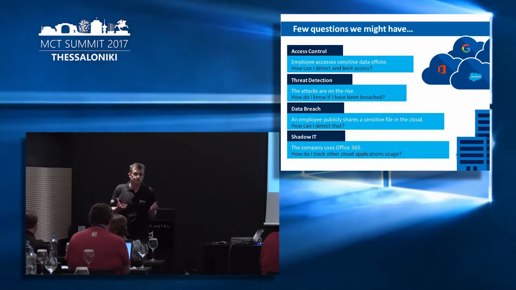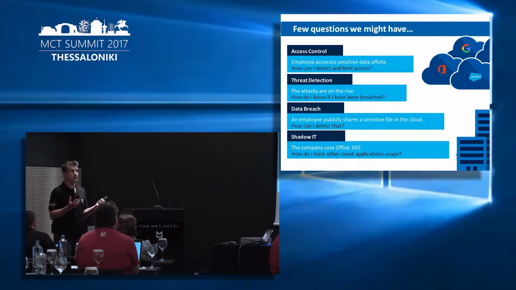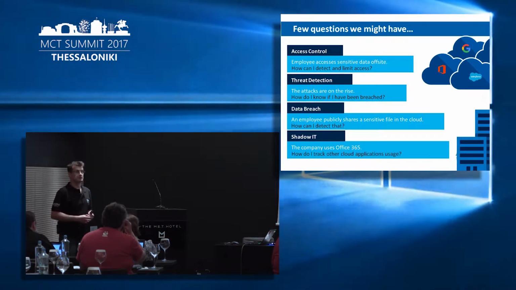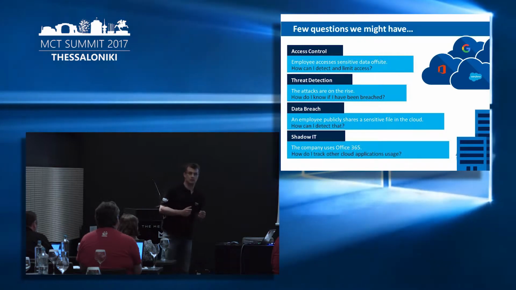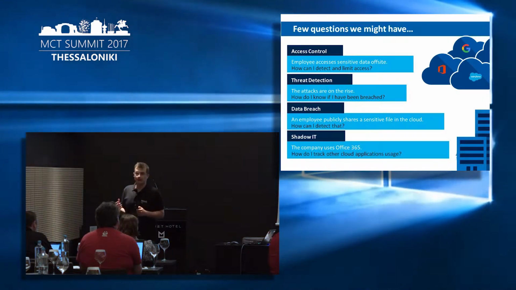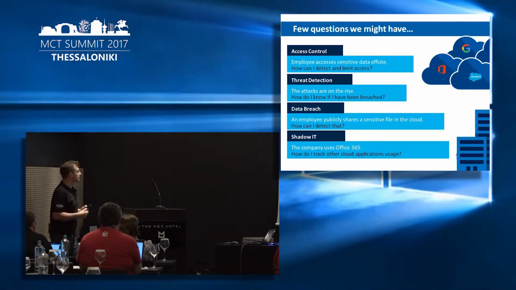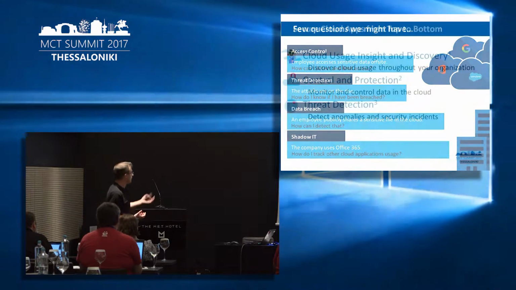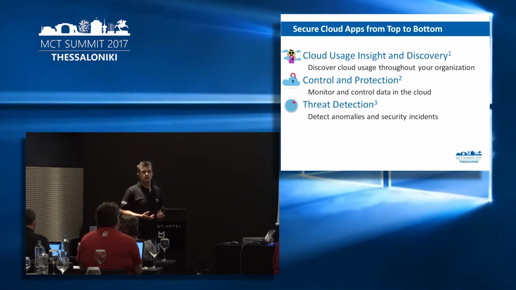By having Cloud App Security, because it can alert you when something anomalous is going on. So how do you know that you've been under attack? It alerts you immediately. How can you prevent someone from using unapproved cloud applications?